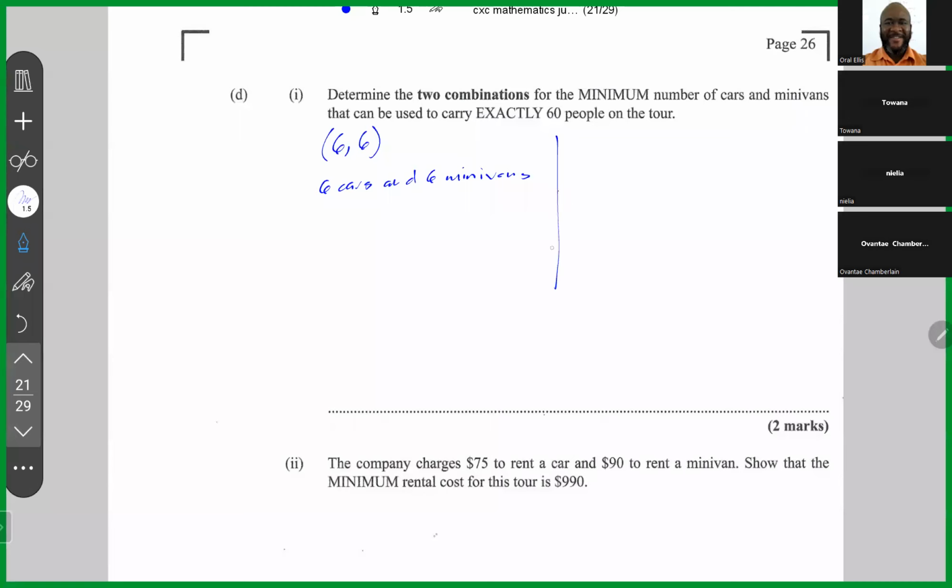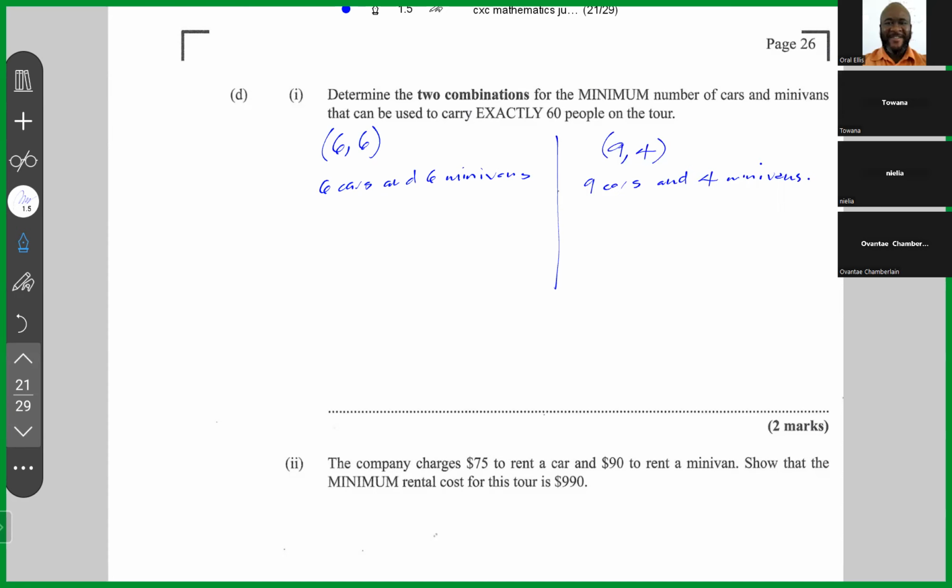And the next one is 9, 4, which represents 9 cars and 4 minivans. So again, what this is saying to me, 6 cars and 6 minivans, 9 cars and 4 minivans will carry exactly 60 people.